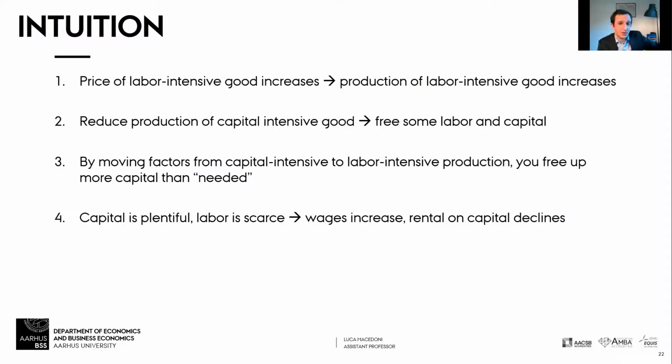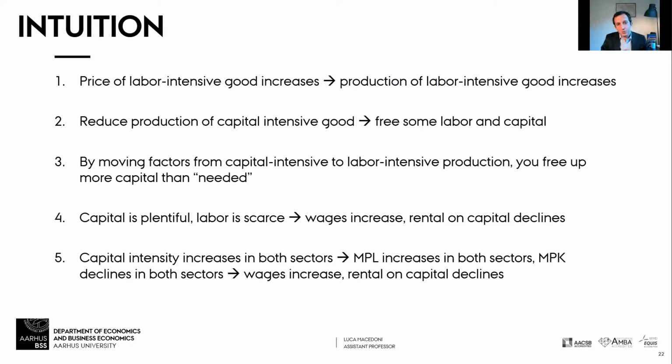And you also free up less labor than what you need. So labor is very scarce, and so its price will go up. And so this is an intuitive way to think about the motivation for why the Stolper-Samuelson theorem works.